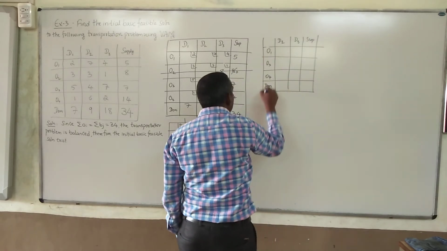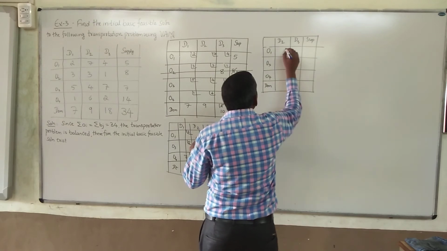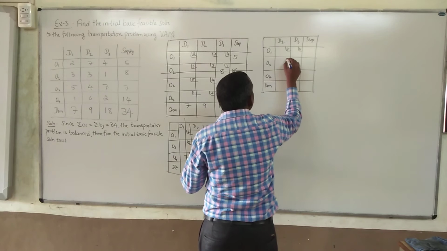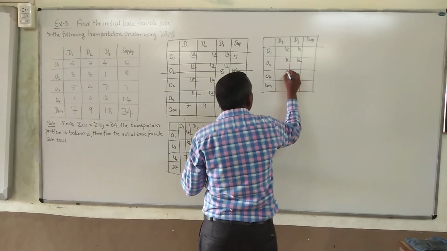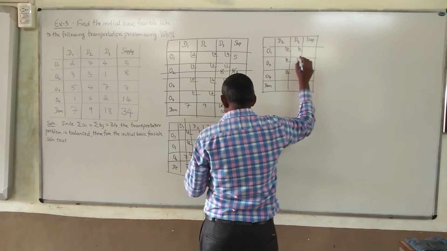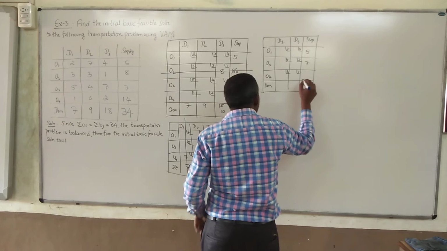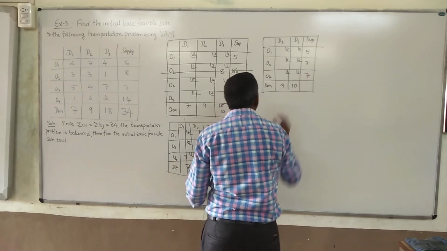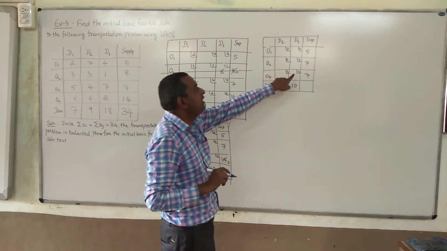Let me write the remaining values: 7, 4, followed by 4, 7, and here 6, 2. The demand is 5, 7 and 7, and the supply is 9 and 10. Which is the smallest element here? The smallest element is 2 here.